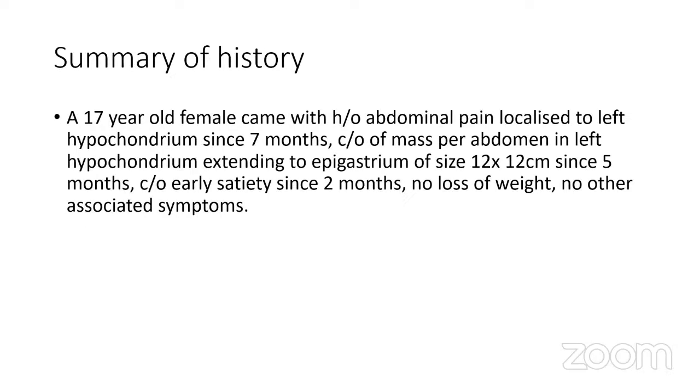Summarizing my history, my patient is a 17-year-old female who came with history of abdominal pain localized to the left upper abdomen since 7 months, and a mass per abdomen in the left upper abdomen extending till the epigastrium, of size 12 into 12 centimeter, since 5 months. Complaints of early satiety since 2 months, with no significant history of weight loss and no other associated symptoms.